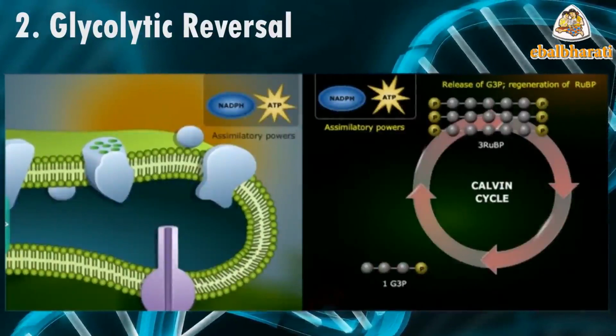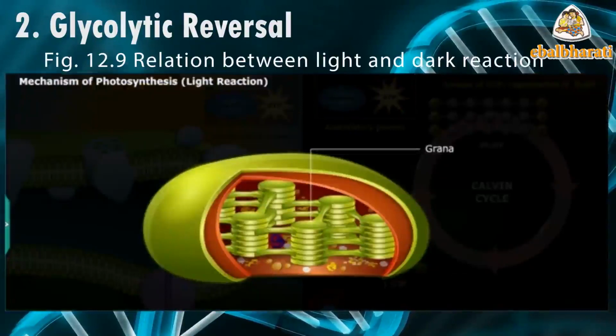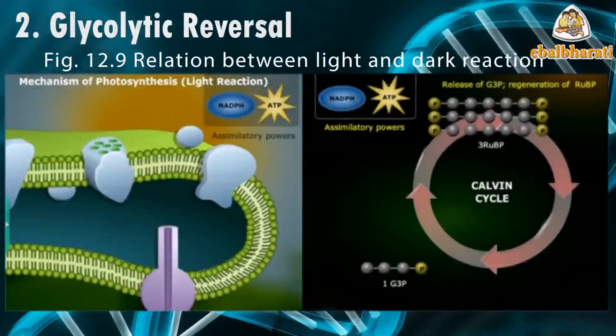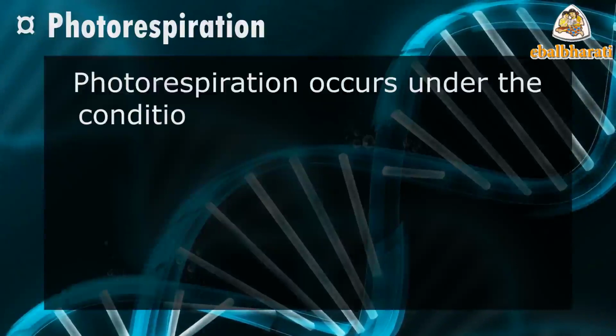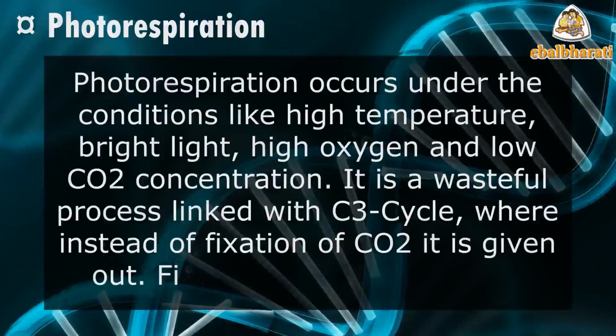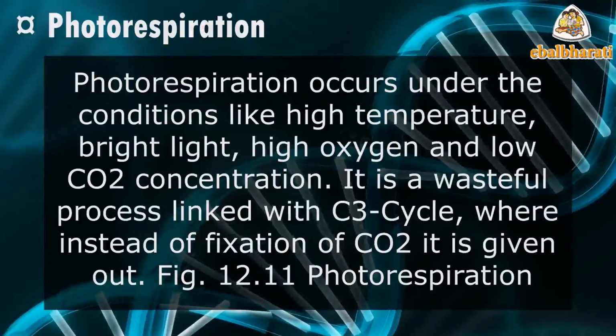For the Calvin cycle to run continuously, figure 12.9 denotes the relation between light and dark reaction. It is also depicted by the chemical reaction as shown. Photorespiration. Photorespiration occurs under conditions like high temperature, bright light, high oxygen and low CO2 concentration.